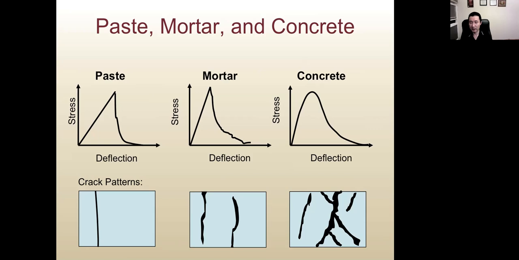Then the crack will go around the stronger region and connect the weak regions. As a result, the crack will not be a straight line like in cement paste. For mortar, it will be somewhere between cement paste and concrete because mortar only has small particles, small sand.